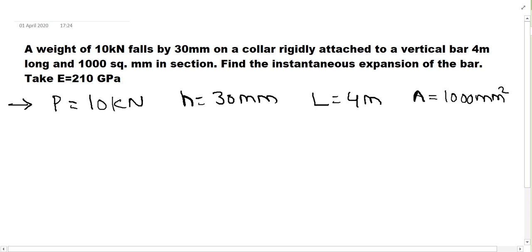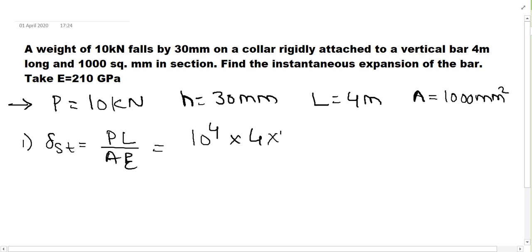So again, what is the first step? First step is delta static. Step 1 is delta static. We know how we can find it: PL by AE. So here P is 10 kilonewton, so I'm writing 10 raised to 4.